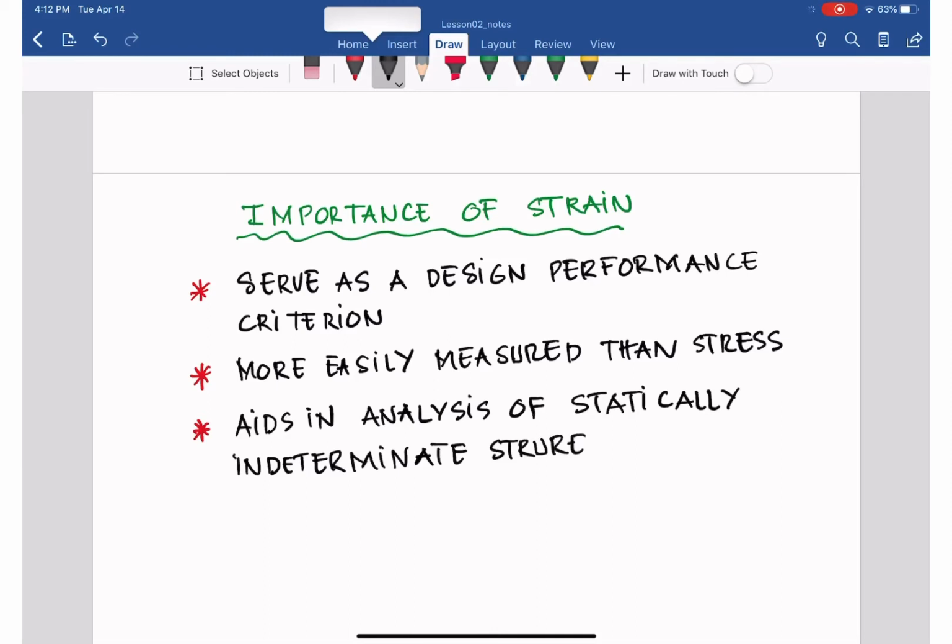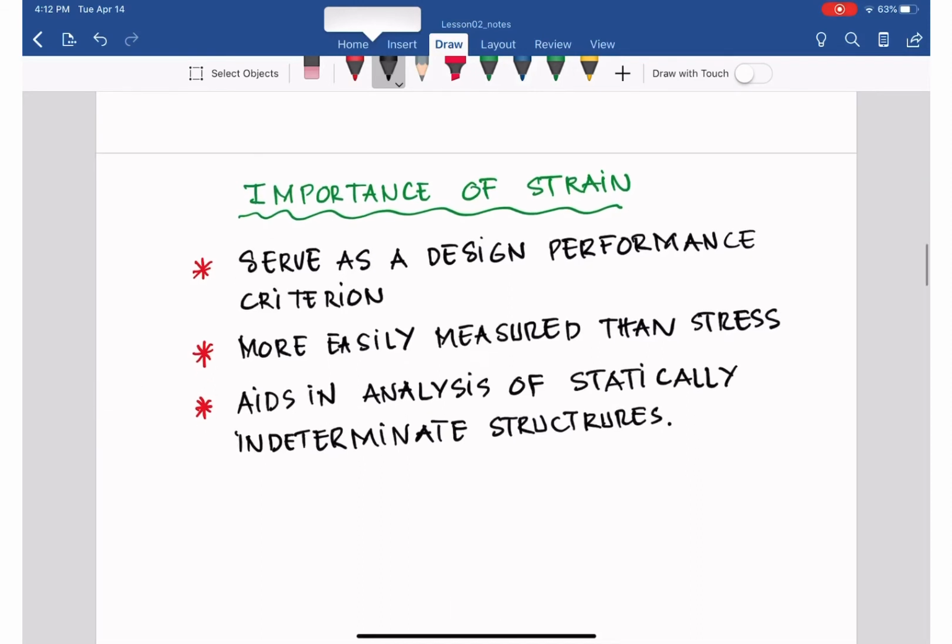Just to give you a very quick idea of what a statically indeterminate structure is, we will talk about that in a future lesson. If you can use the engineering mechanics that you learned to solve the external reactions, we call it a determinate structure.